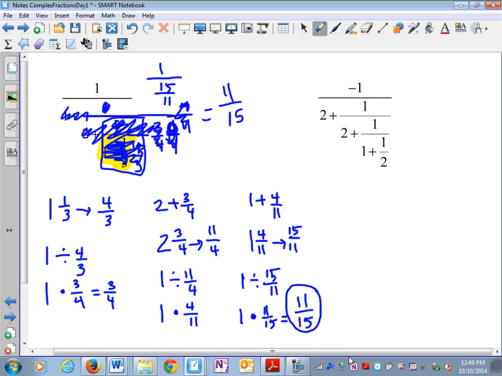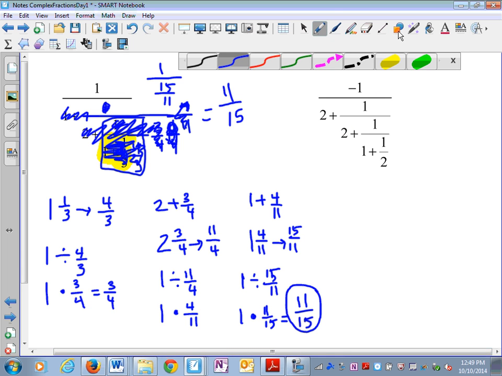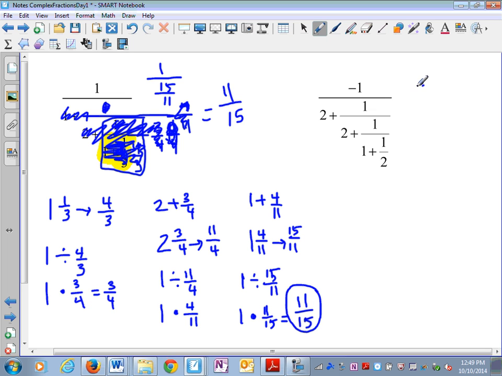Because the more you practice, the more you see, the easier this will come to you. So again, I'm going to show you how you can erase and replace, and it's not as messy as scribbling things out. If you just rewrite this in pencil on your paper, 1 divided by 2 plus 1 divided by 2 plus 1 divided by 1 plus 1/2.